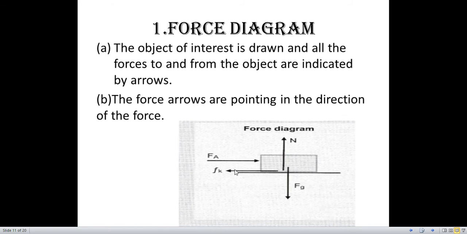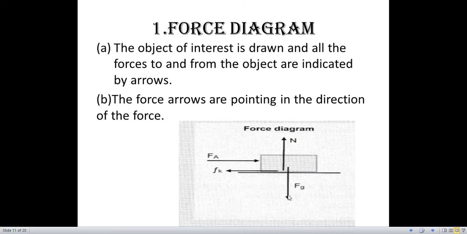Now you have your force of friction here. Your force of friction is applied in the opposite direction to the force applied. You can see your arrow pointing in the left direction here, and your Fg, which is the gravitational force, pointing downwards here.